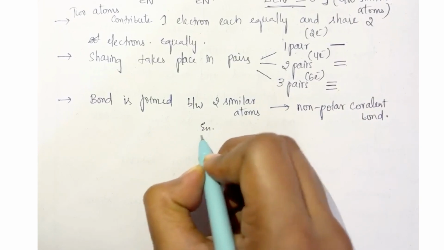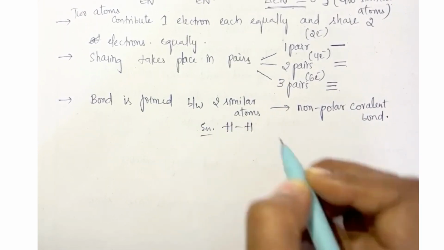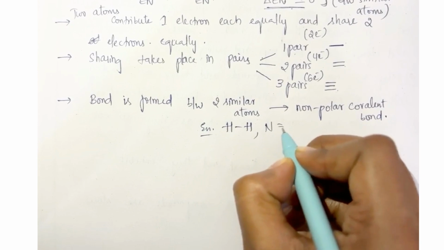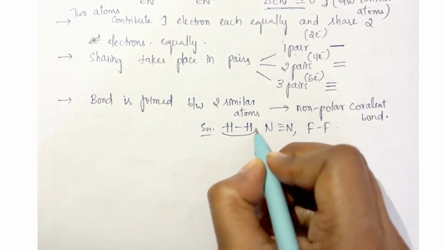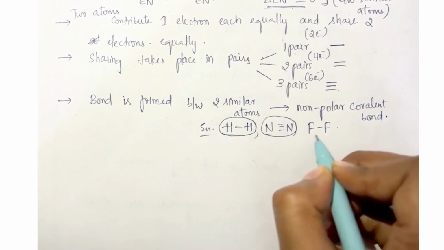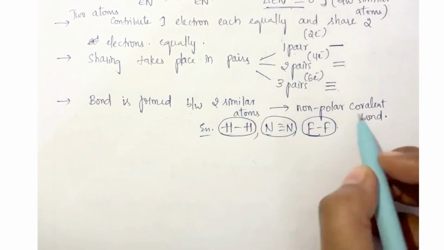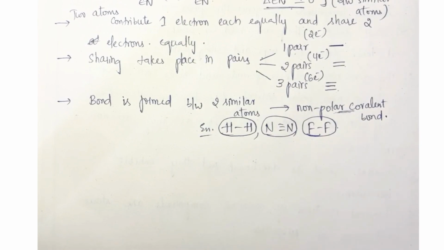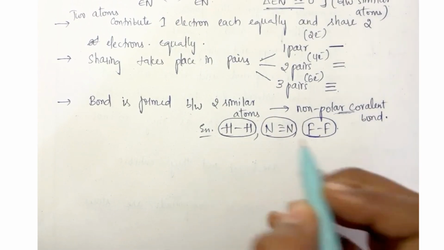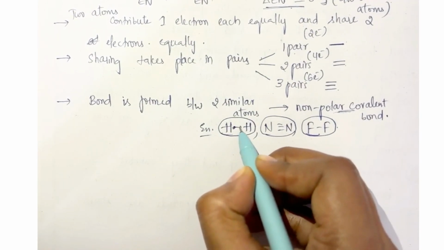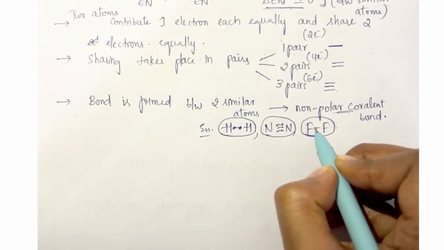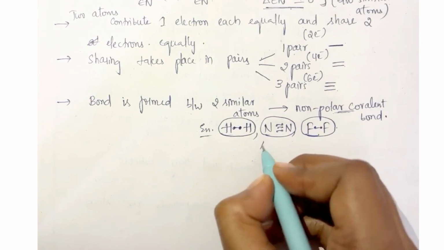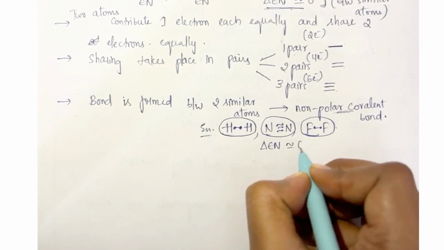For example, between two hydrogen atoms if the bond is formed, or between two nitrogens, between two fluorines, etc. Between two same type of atoms, if the covalent bond is formed, such bond is called non-polar covalent bond, where the electrons are equally shared between the two atoms because their electronegativity is same, electronegativity difference is almost 0.